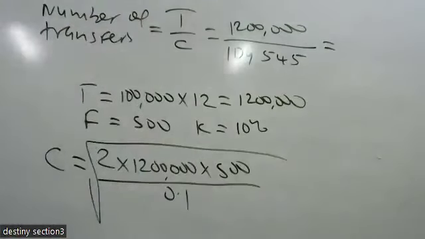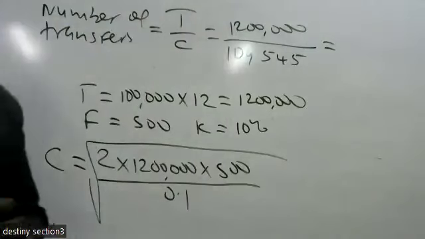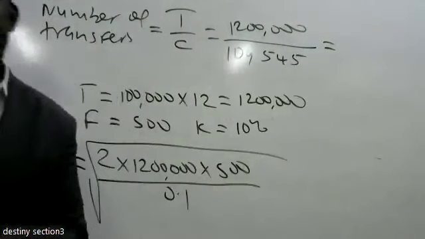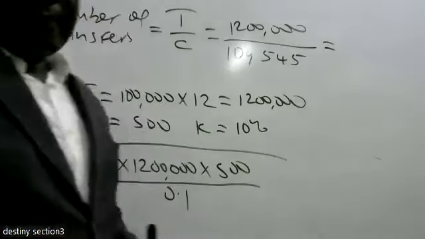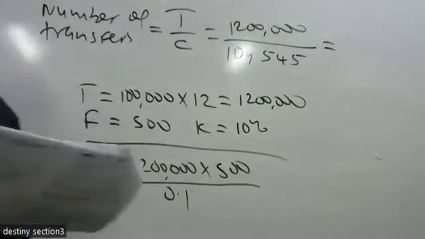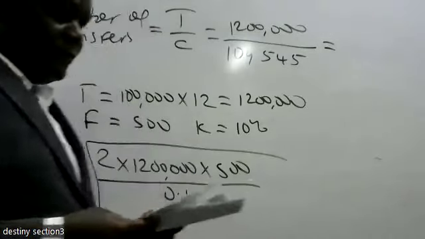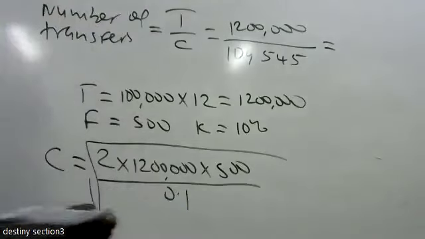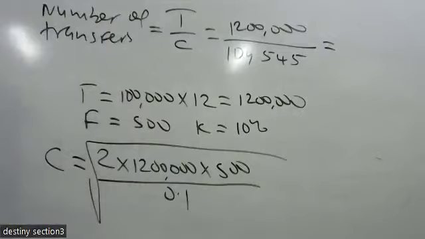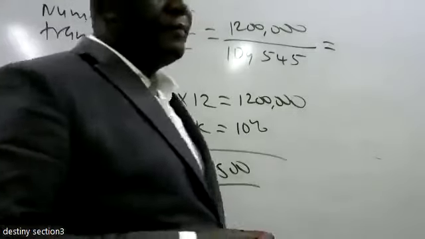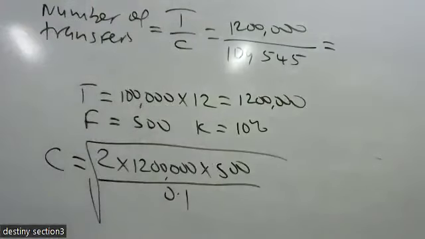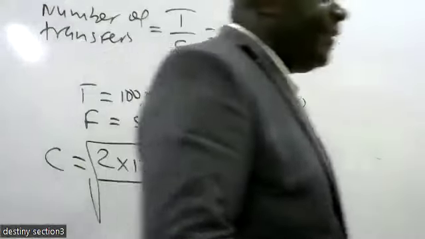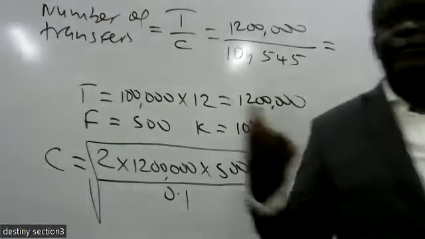So get that particular number of transfers. So how many are they? That's 11. Yeah, so you round it up to 11.